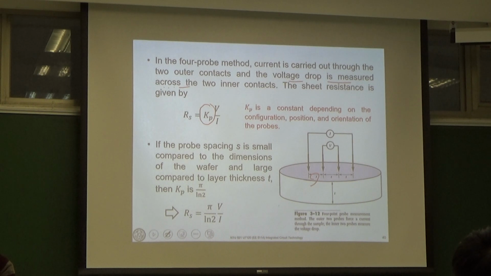If that S is small compared to the dimension of the whole wafer, and is large compared to the layer thickness T, then this Kp can be reduced to pi divided by the natural log of 2.